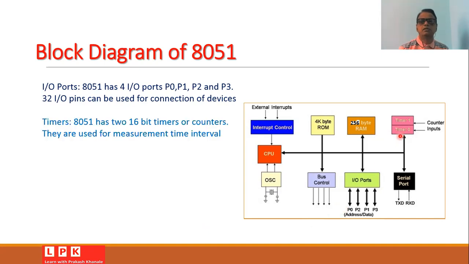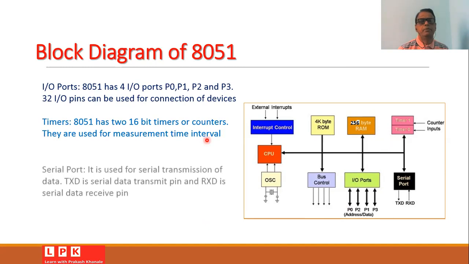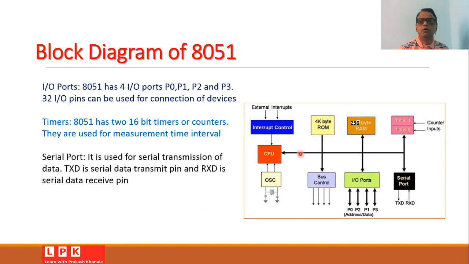It has 2 timers, and these timers are 16-bit timers, or sometimes we call them counters. And these counters are used for the measurement of the time interval. It has a serial port, and this serial port is used for the serial transmission of the data.